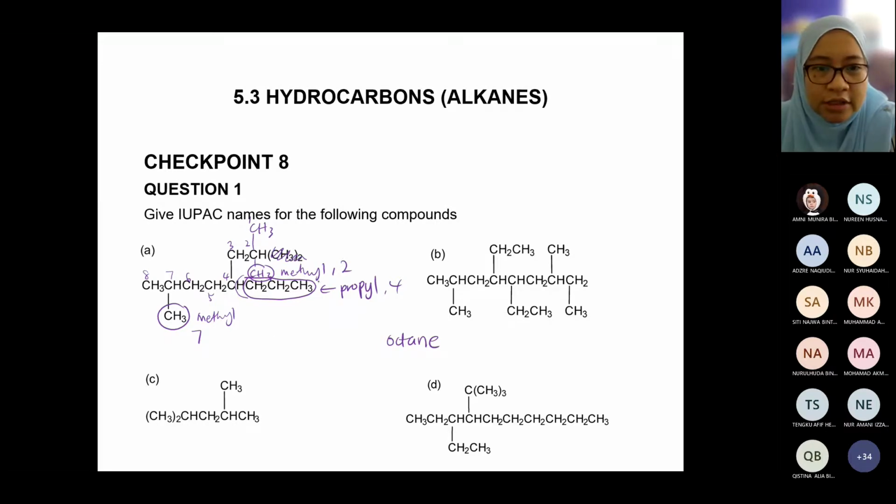We have 2 methyl groups at carbon numbers 2 and 7. So 2,7-dash, don't forget the prefix because we have 2 numbers, so it should be di. We have 2 methyl groups, so dimethyl. And then we have a propyl group at carbon number 4 here. Dash 4-propyl.